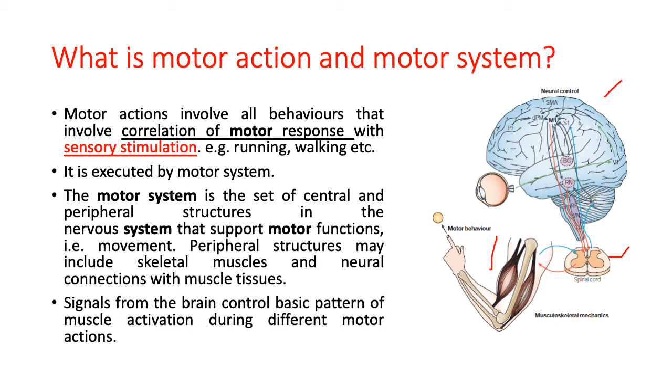So the picture says that everything is connected, meaning your muscular action is connected to your nervous system. This is the simplest form of the message of this slide, that whatever you're doing, your nervous system is involved in that, and because of this nervous system you are able to perform different actions.